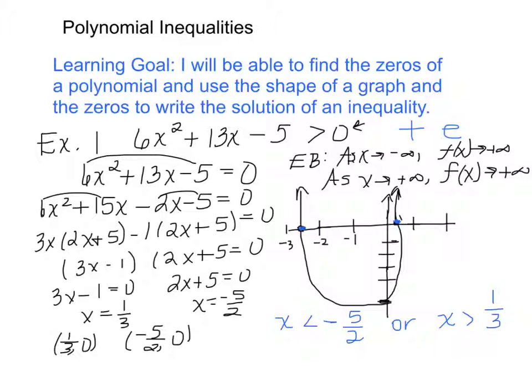So anything outside of those, and this is how we write it: negative infinity to negative 5/2, union 1/3 to infinity. So those are the only intervals or x values that fit the description that you're looking for, anything greater than 0.